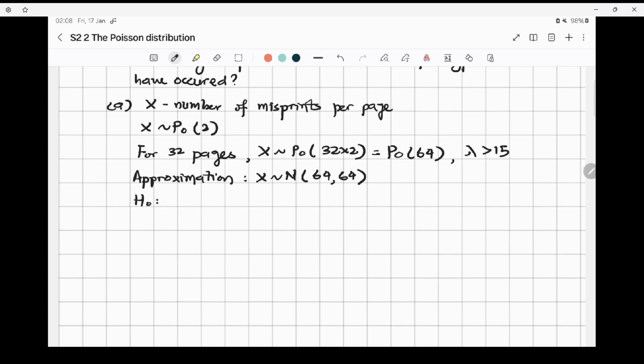Your null hypothesis should be saying that the mean remains at 64, and then your alternative hypothesis. So the question asks if the mean has changed. It doesn't tell you whether increase or decrease. So you have to write something like this. So essentially, H1 tells you that you need to do a two-tailed test.